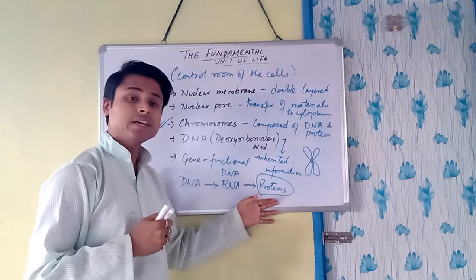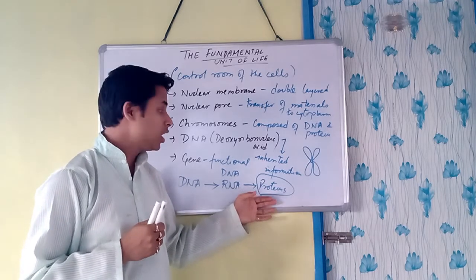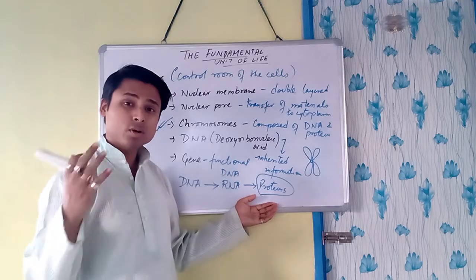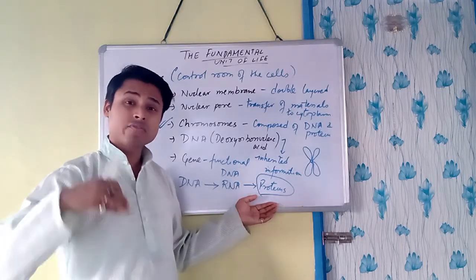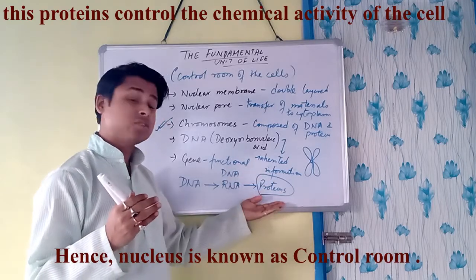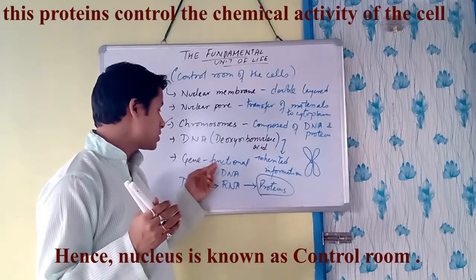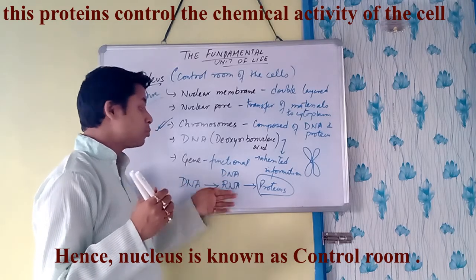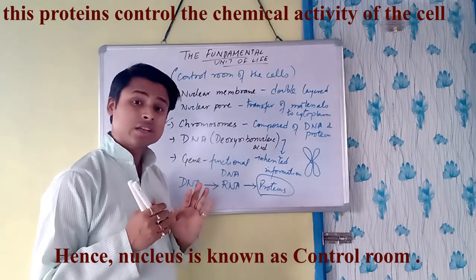Whatever structural and functional working or properties go on, it is because of this protein only. That's why genes are known as functional DNA. So the gene can produce the RNA and then the protein.